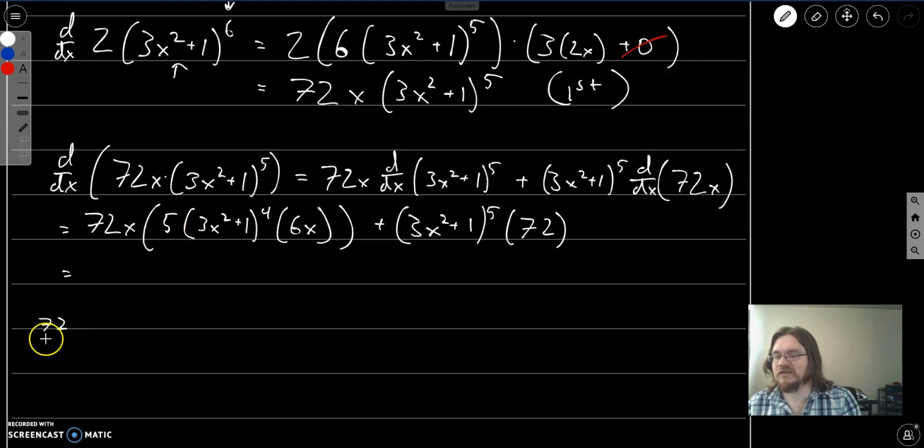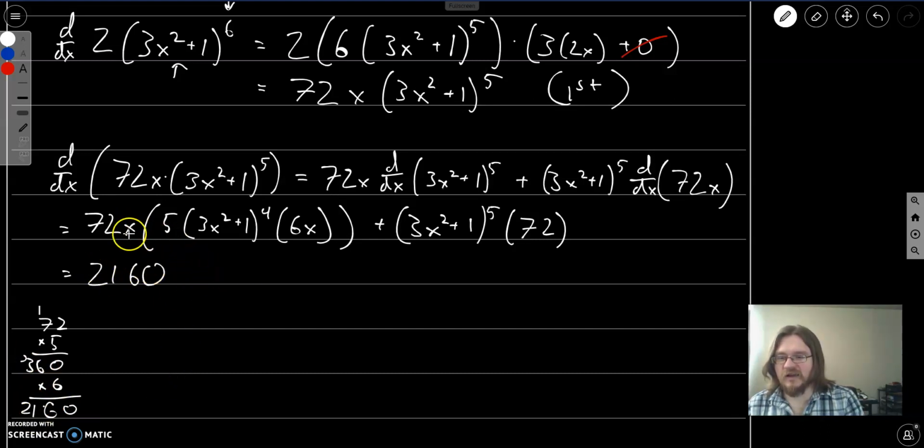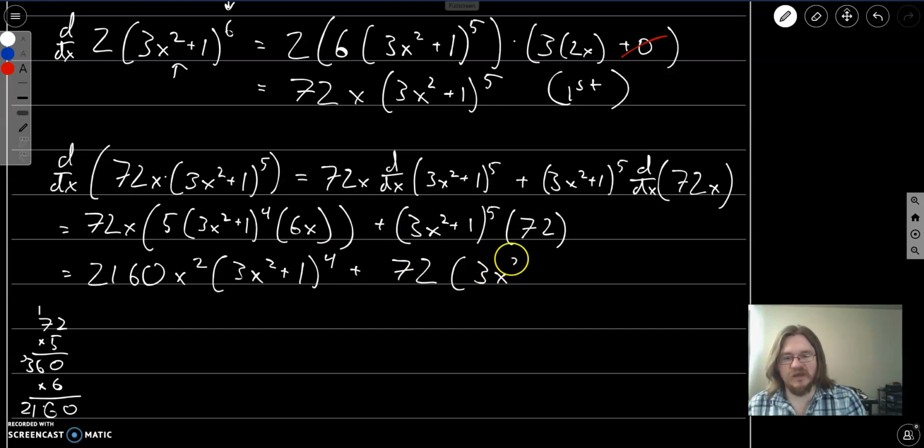That's not too easy to take in my head, so 36, and we'll take that times 6. 6 times 6, 36. So 2,116. And I have 2 copies of x there, so it'll be x squared times (3x squared plus 1) all raised to the 4th power. And then over here I have 72 times (3x squared plus 1) to the 5th power.